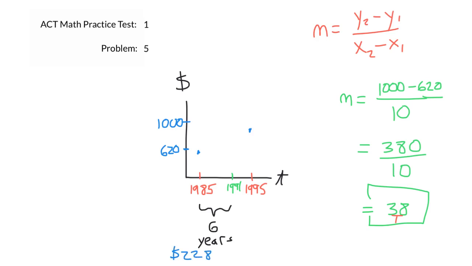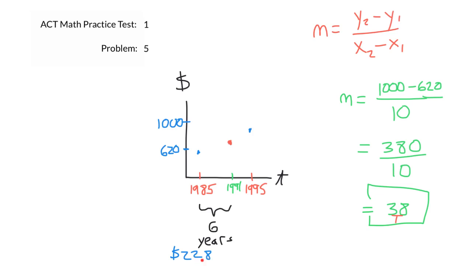Okay, so that's 6 years gone by and a $228 increase in cost. And that's going to be $228 on top of what we already had in 1985. So if we were to plot the point, it would be somewhere around here.